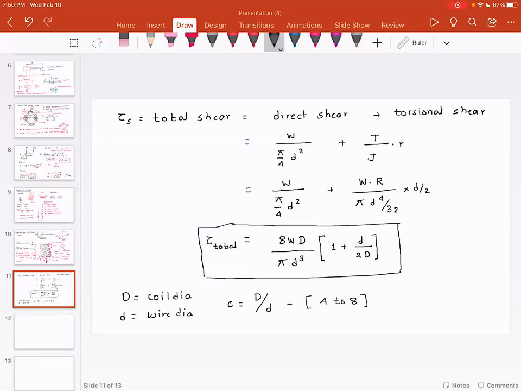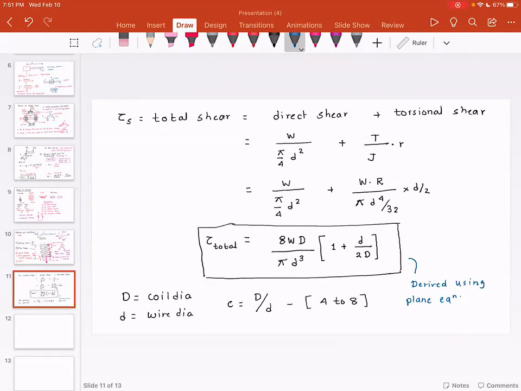Now, this analysis shown here is derived using planar equations, which means the equations are in 2 dimensions. But the spring is actually a 3D loaded structure.